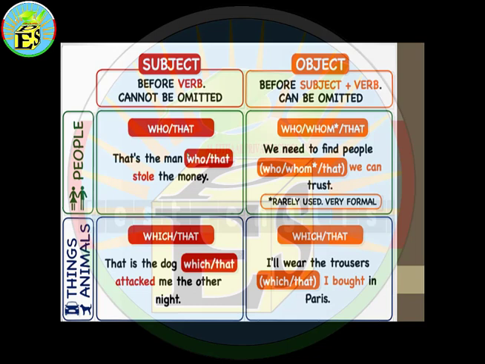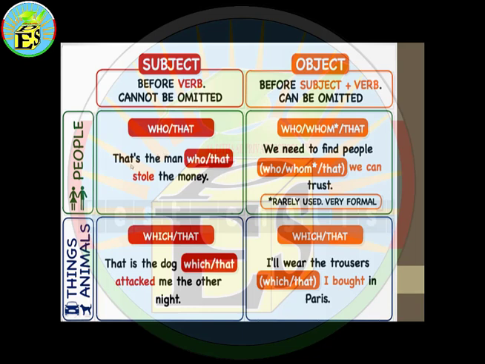So here we have this rule. It's going to give you an explanation of the grammar rule. Please notice that here we have people and here we have things and animals, right? So we'll start with people. We're going to read examples. That's the man who stole my money.